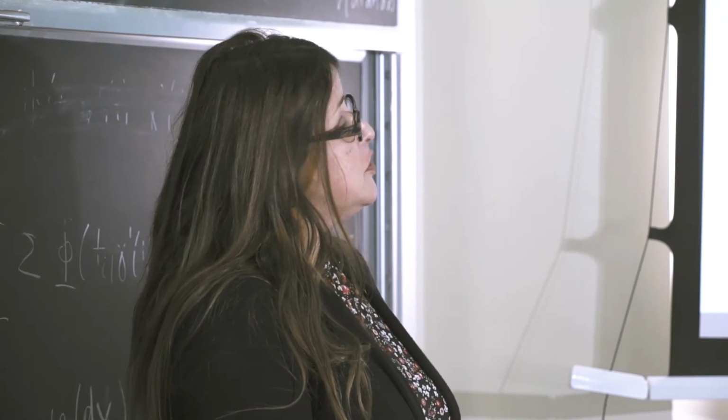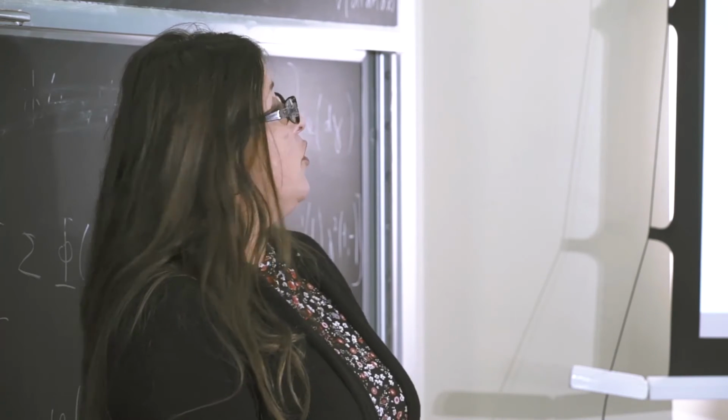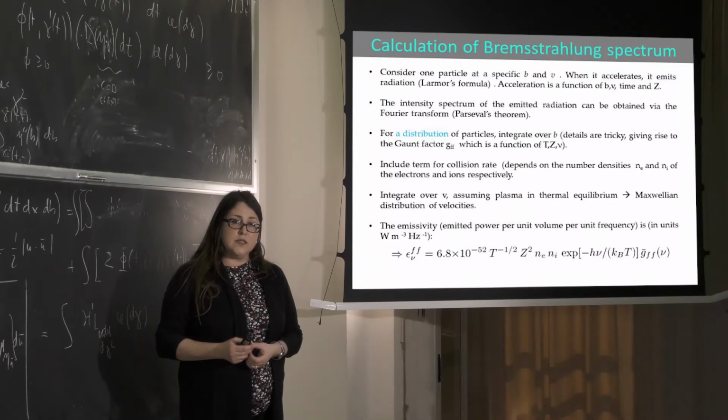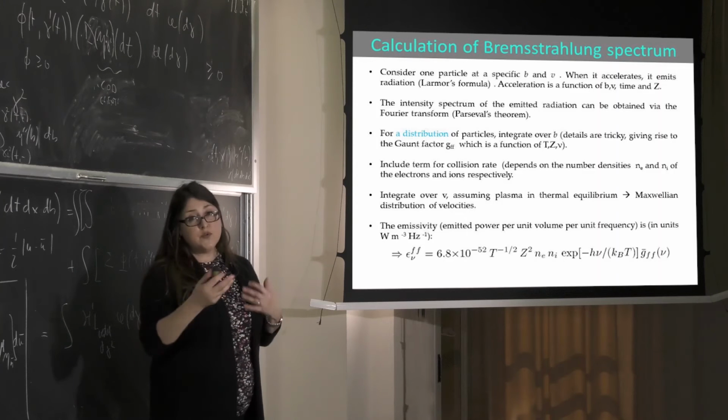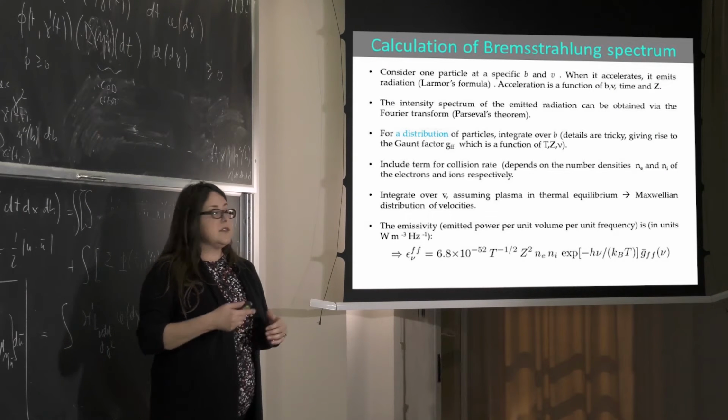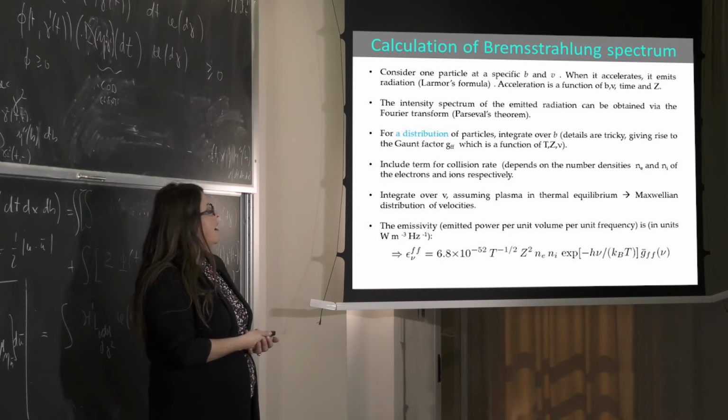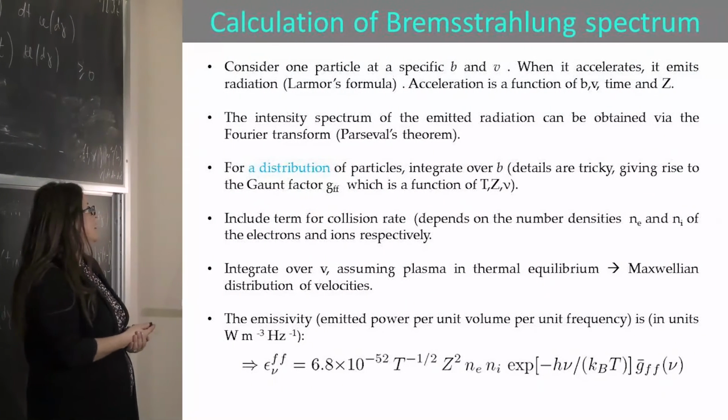The intensity spectrum of the emitted radiation can be calculated using the Fourier transform. If you have instead a distribution of velocities and a distribution of impact parameters, you have to integrate over b, the impact parameter, and over the velocities of these particles.